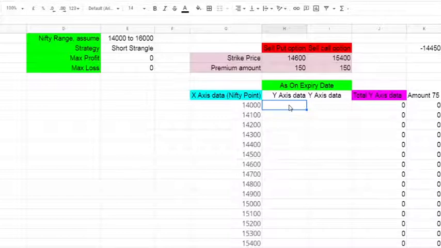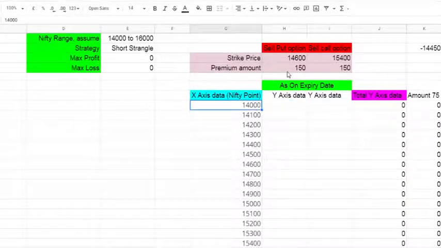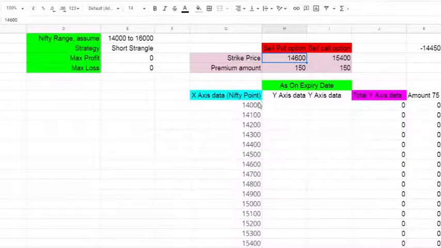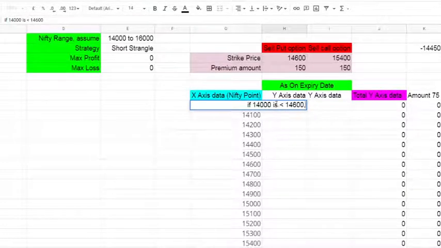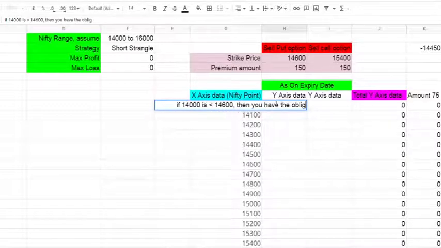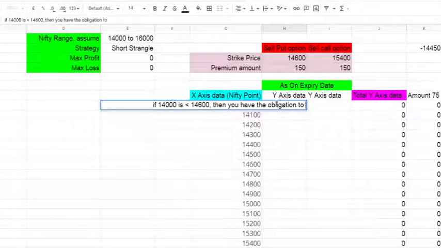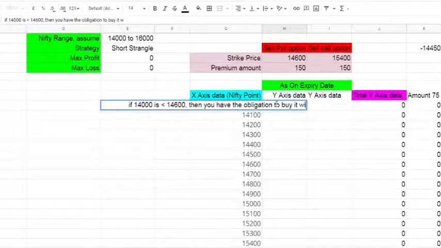If the expiry is at 14,000, then definitely you will be in loss, because your sold strike price was 14,600 and now you need to buy it back. So how should the condition be? If 14,000 is less than 14,600, then you have the obligation to buy it back, with a loss.